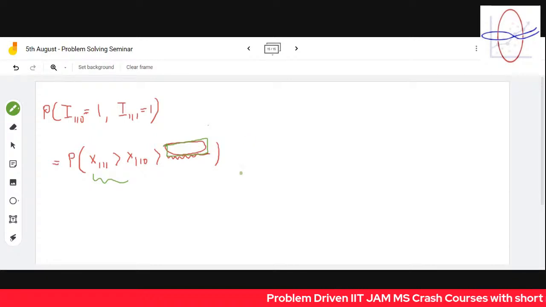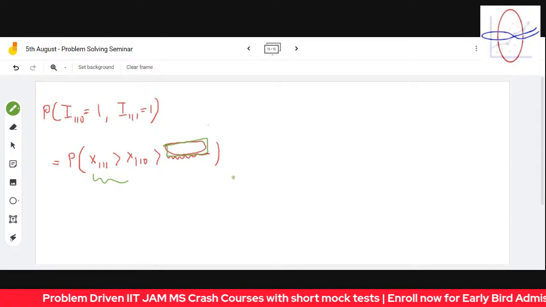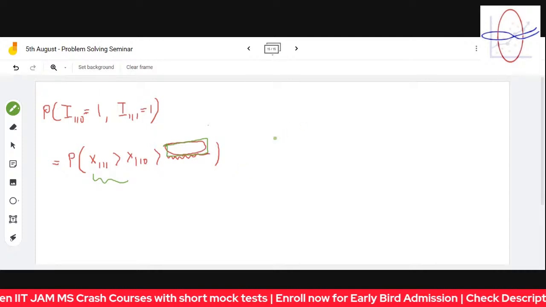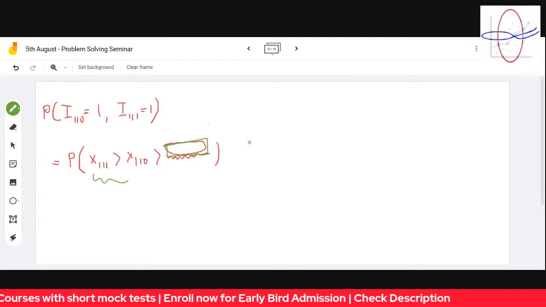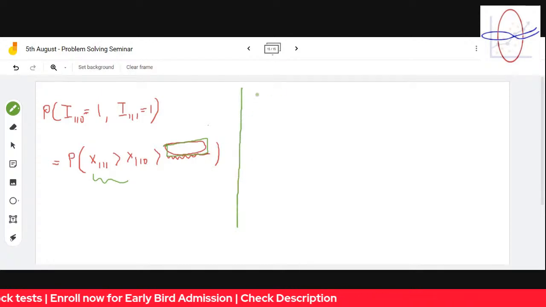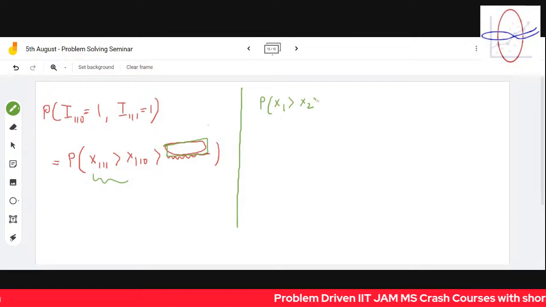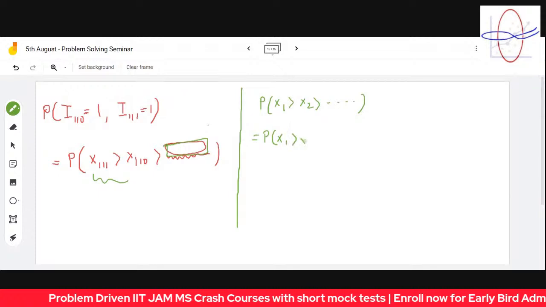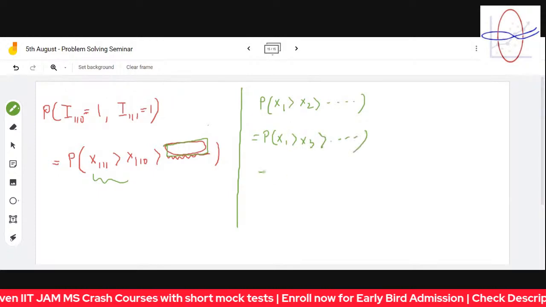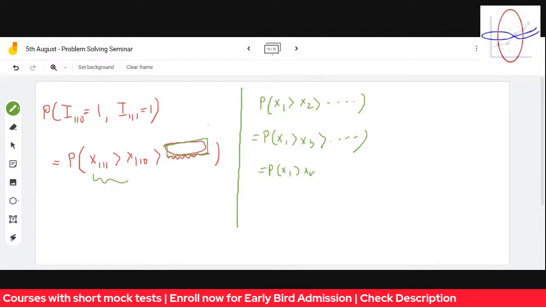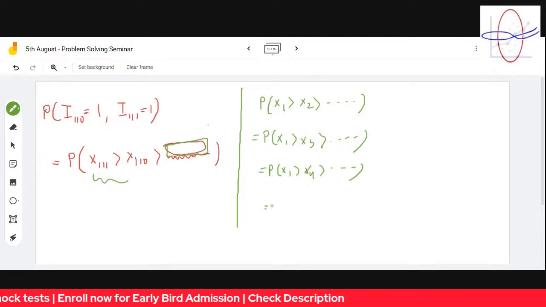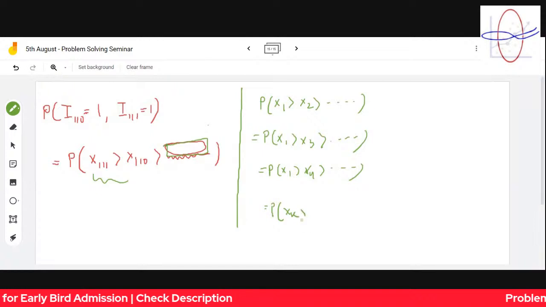Okay, so understand that for this probability, there will always be two greater than. So the probability that x1 greater than x2 is the same as probability x1 greater than x3, is the same as probability x1 greater than x4 greater than all of them, is the same as probability any xk greater than xj, right?